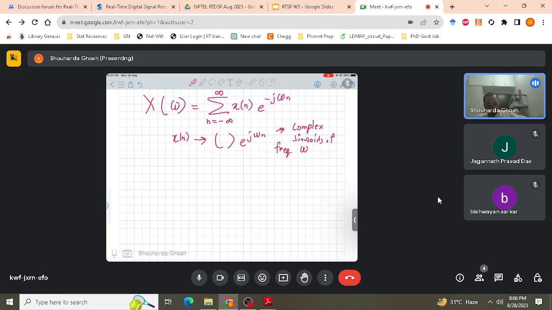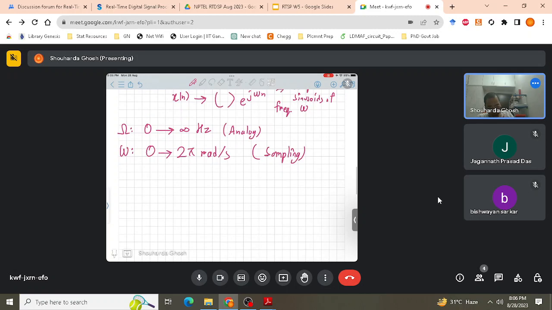Now an interesting case is that, unlike continuous time signals, where we can have an infinite spectrum from 0 to infinity hertz for our analog signals, in the digital domain we are limited between 0 and 2 pi radians. Why is it so? It's because of sampling, because we have a finite sampling rate, fs.